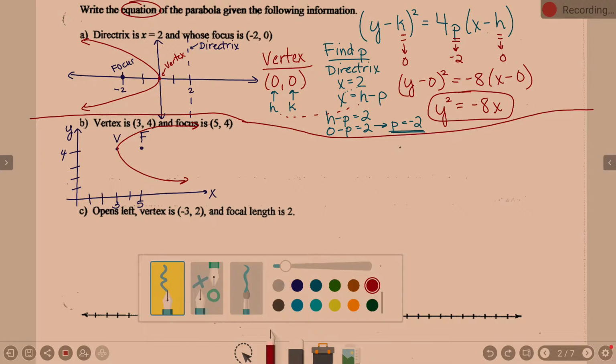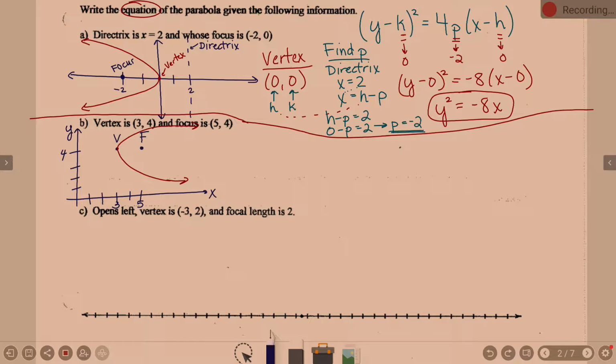So based on that information, I know when I go to write my equation here at the end, I'm going to be using the form y minus k squared equals 4p times x minus h. Are we okay with why I picked that formula? That's the one at the top of the right column where the parabola opens left or right, correct? So that's why I picked that formula.